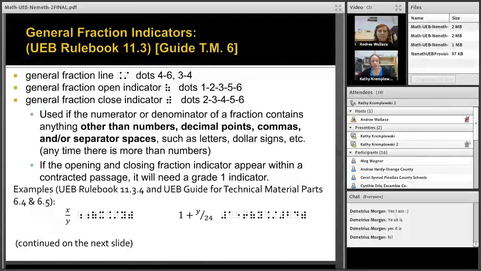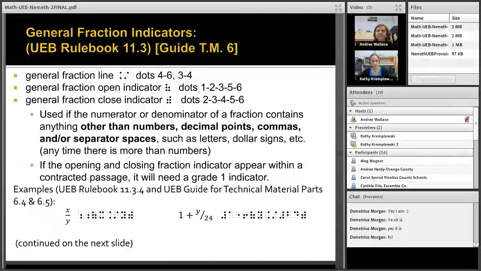General fractions are any time there's anything in the numerator or denominator other than numbers, decimal points, commas, and or spaces. So if you add a letter, a dollar sign, anything like that, then you've got a general fraction instead of a simple fraction.